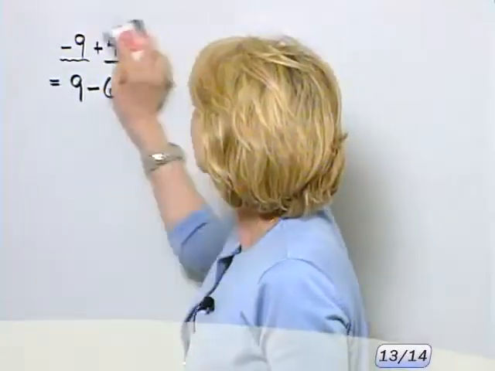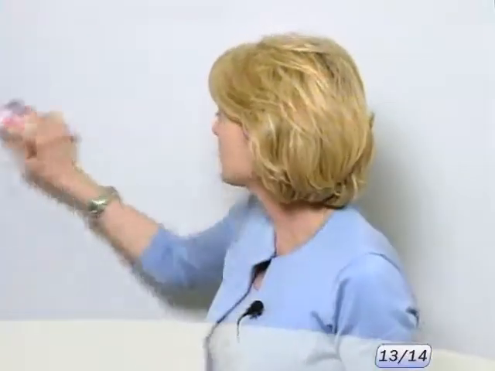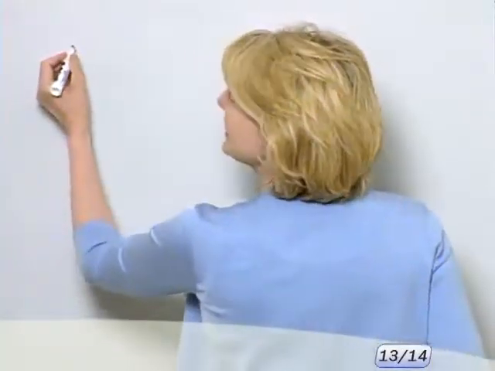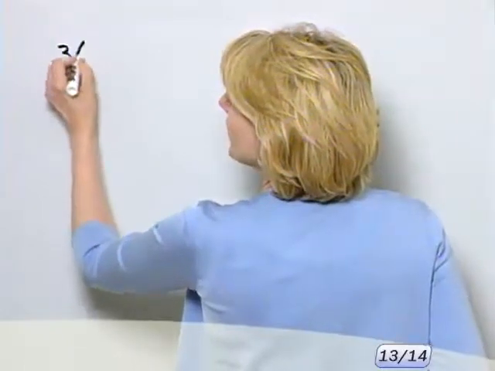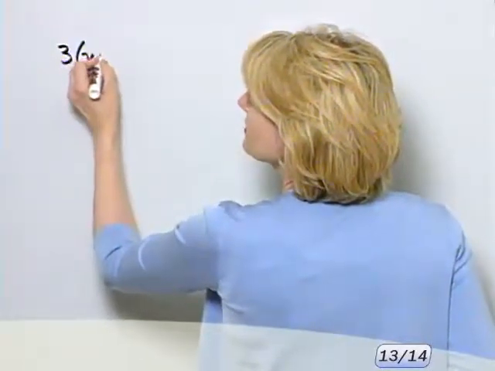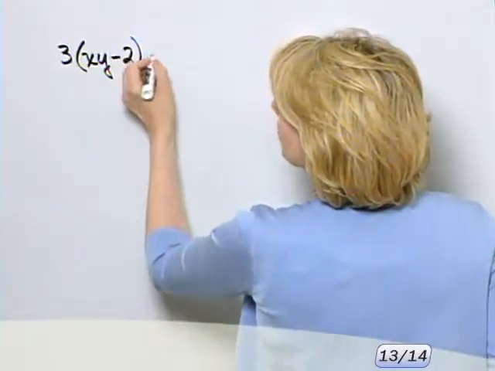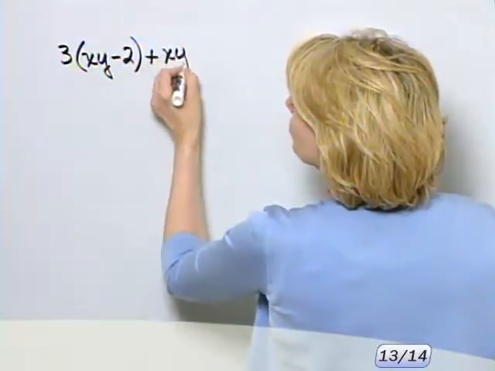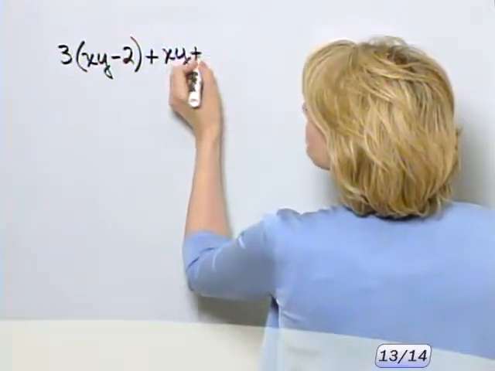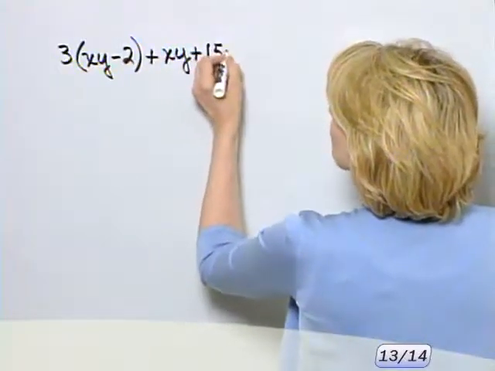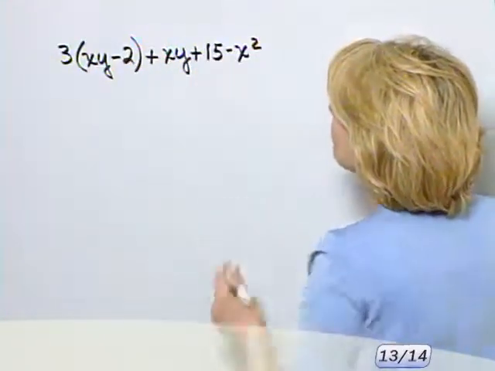Let's try that again. Let's look at another expression, and let's simplify that expression by combining any like terms. I have 3 times, in parentheses, xy minus 2, and then plus xy plus 15 minus x squared.